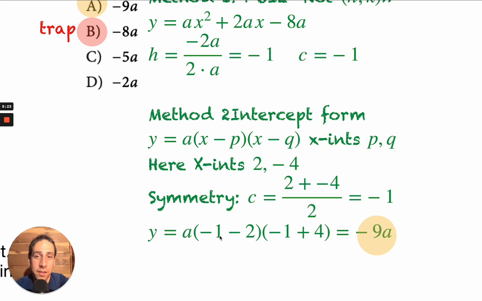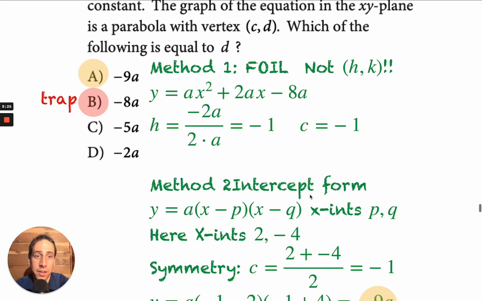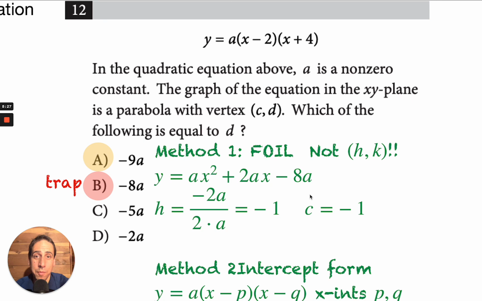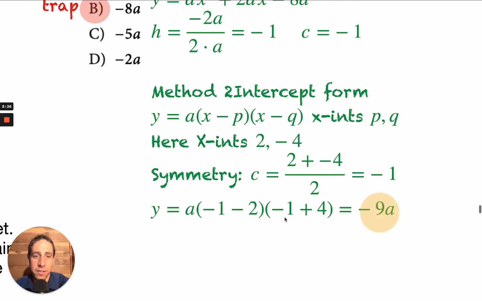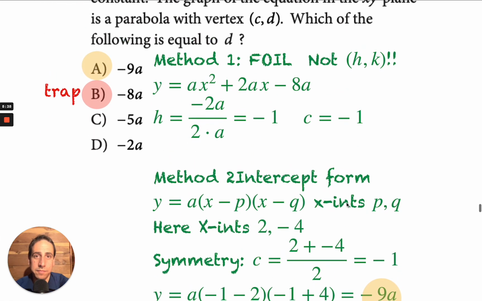You can plug in negative 1 to any format. Doesn't matter, the foiled version, this in standard form, or the intercept form here, and in either case you do get negative 9a, which is right here.